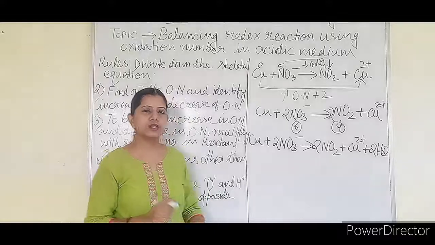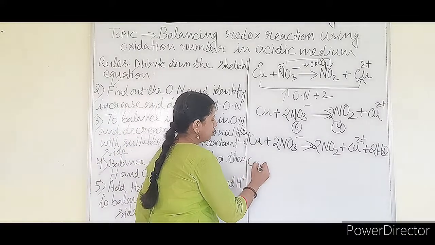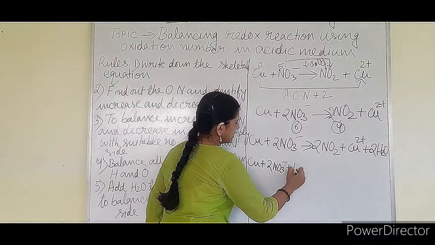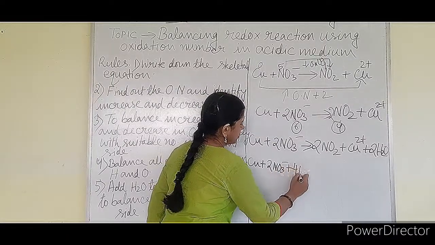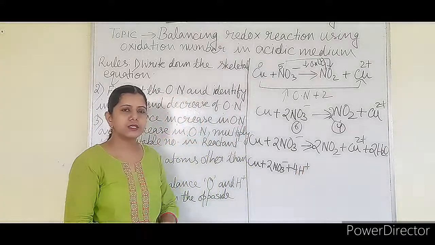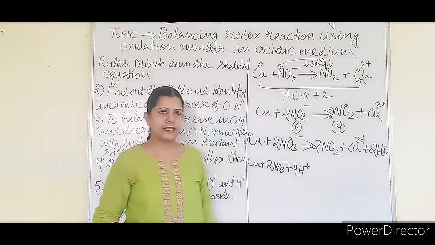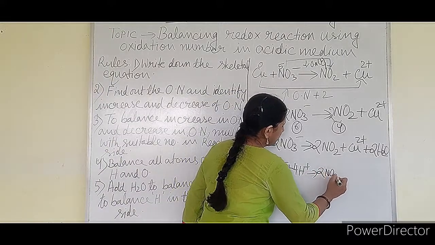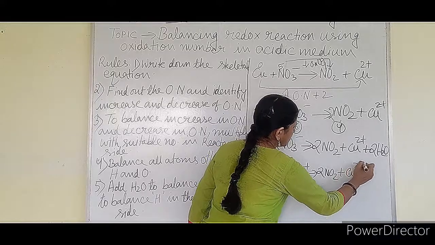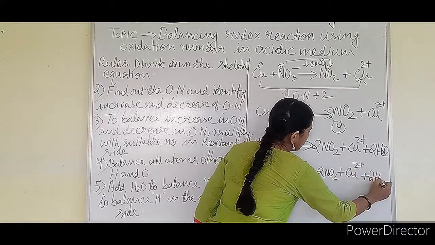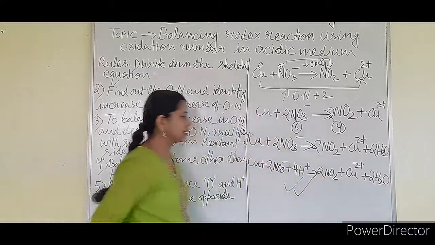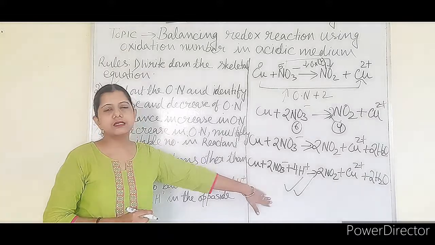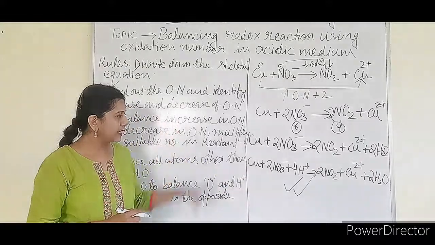So my final equation is becoming Cu plus 2NO3 negative plus 4H positive. Why 4H positive? Because I have to balance 4 hydrogen atoms. So ultimately it gives me 2NO2 plus Cu2 positive plus 2H2O. So this one is the final balanced redox equation.